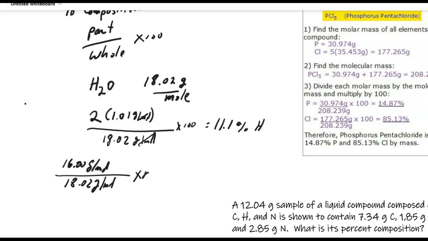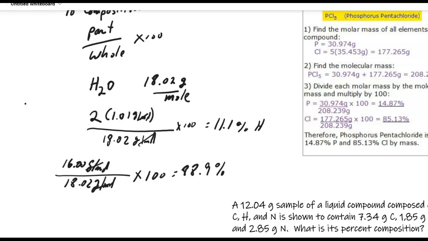Oh, sorry about that. I don't really like this pen that much on the whiteboard. So we get rid of our units and we divide 16 by 18.02, and we get 88.9 percent.